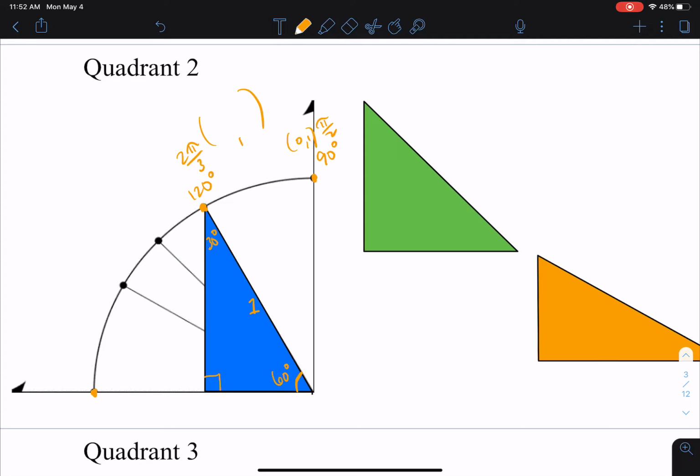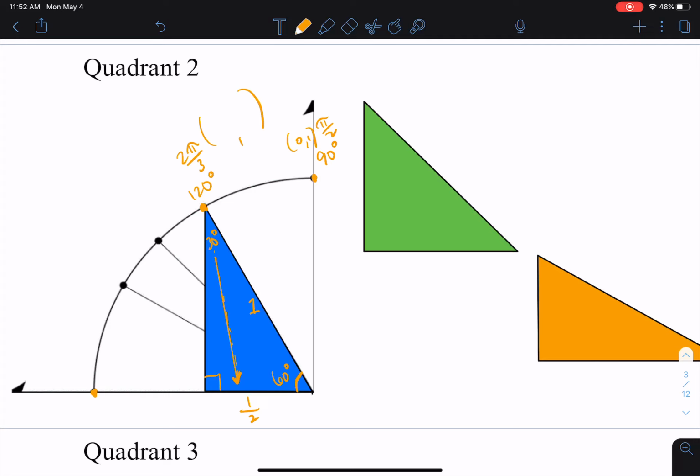For 30, 60, 90, the short side, the side opposite 30, is going to be 1/2 of the radius. So this side right here is going to be 1/2.